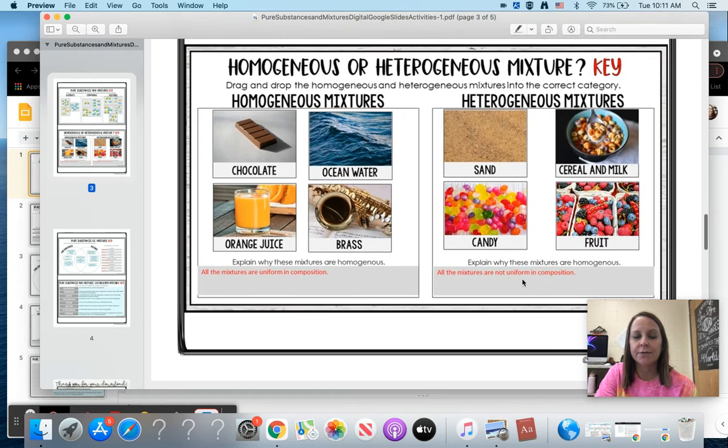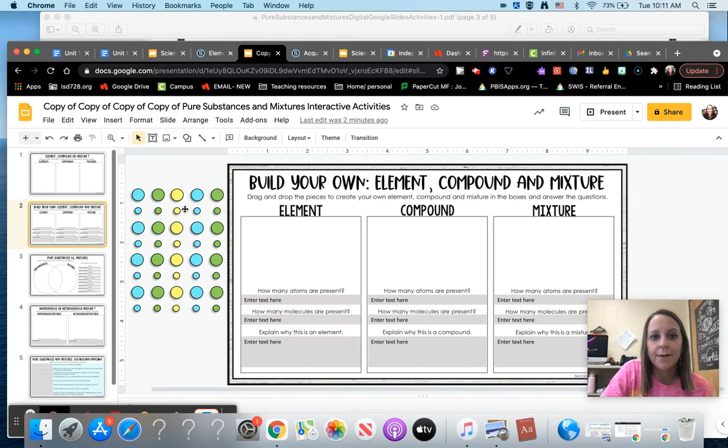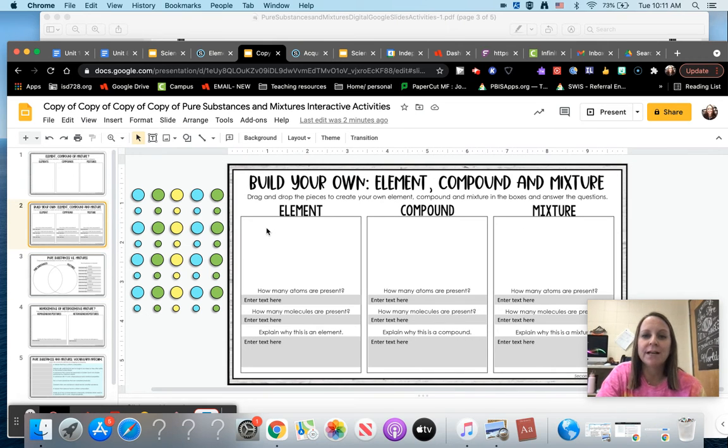The next slide, you were talking about if they're homogeneous or heterogeneous mixtures. And I think this is the next slide. Oh, it actually wasn't. The next slide was this build your own element. And yours might vary depending on what you did. So they all might look different, but your element should have only the same type of atom.